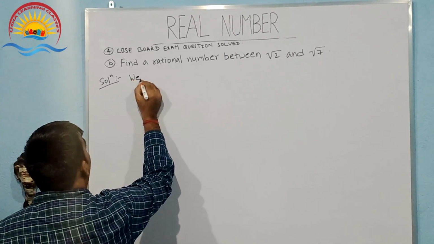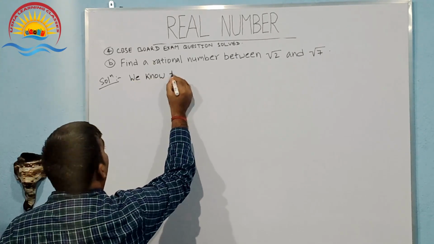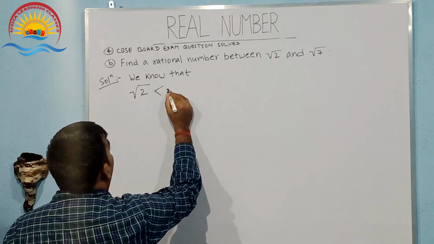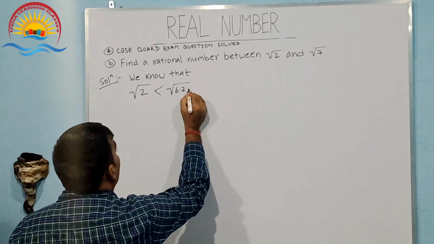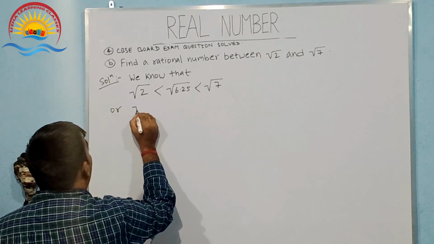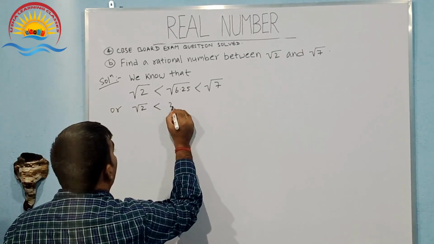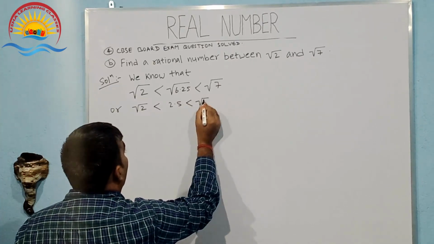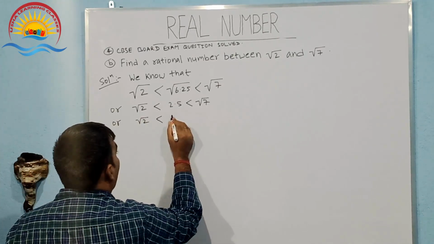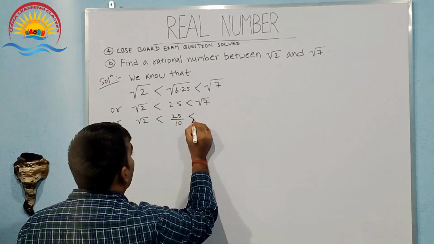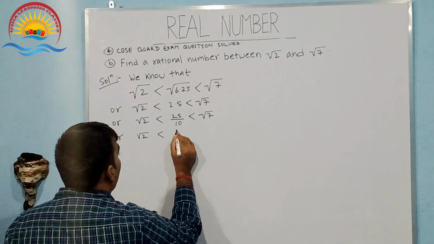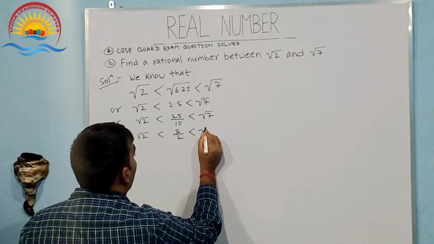We know that root 2 is less than 6.25 less than root 7, or root 2 is less than 2.5 less than root 7, or root 2 is less than 25 by 10 less than root 7, or root 2 is less than 5 by 2 less than root 7.